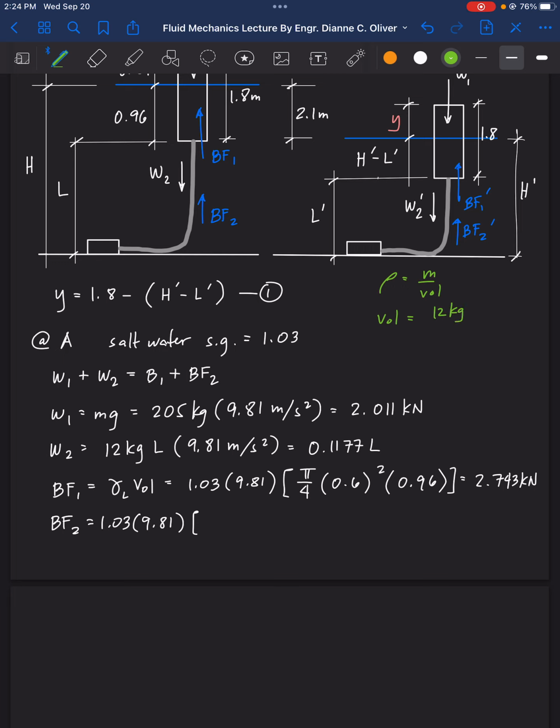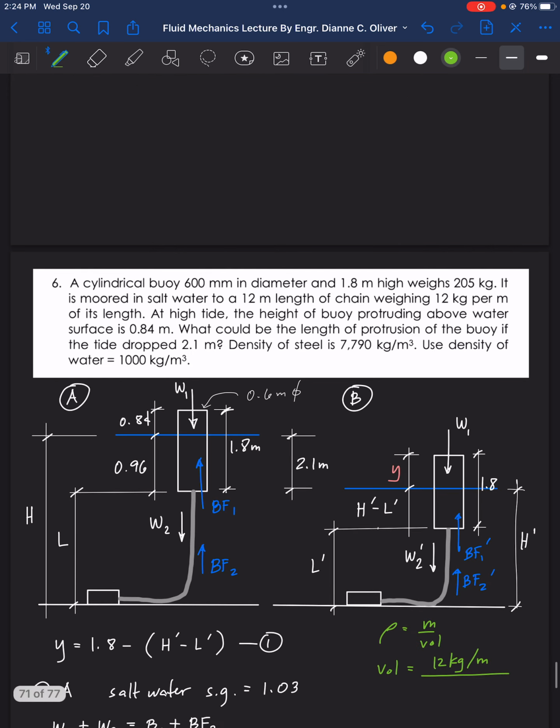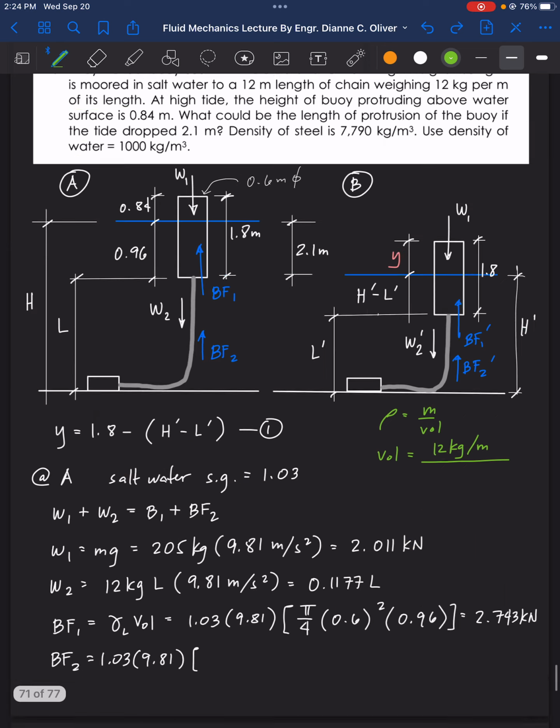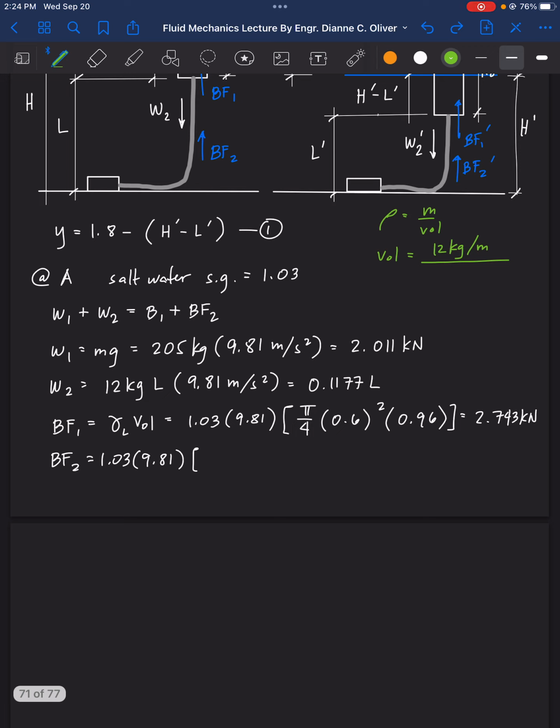kilogram per meter, because it says here the mass is 12 kilogram per meter of its length. So that's the mass, and the density is 7,790 kilogram per cubic meter. So the volume now is equal to 0.00154 cubic meter per meter.